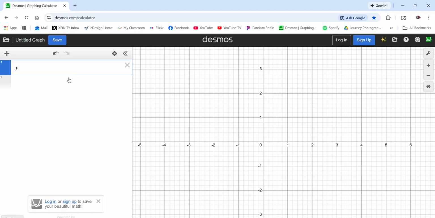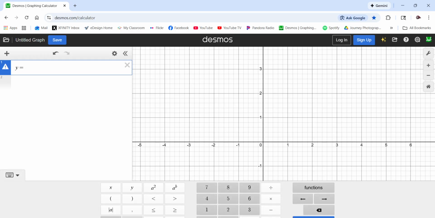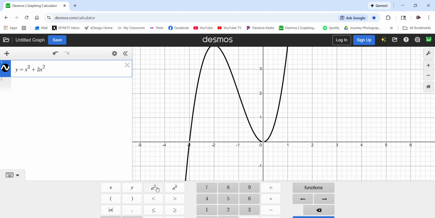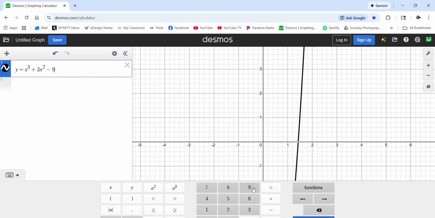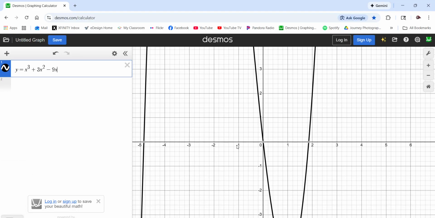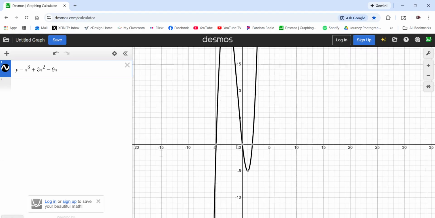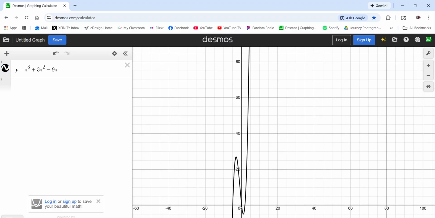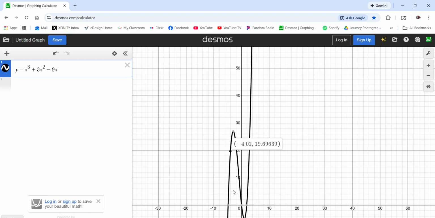Y equals x cubed plus 3x squared. And then what? Minus 9x. There we go. All right, let's zoom out a little bit on that. There it is.